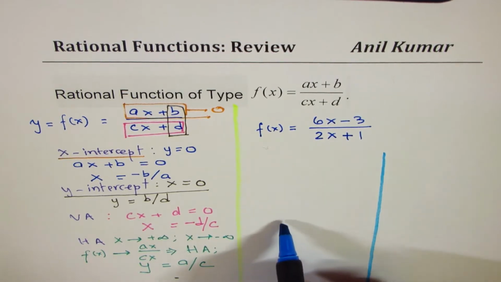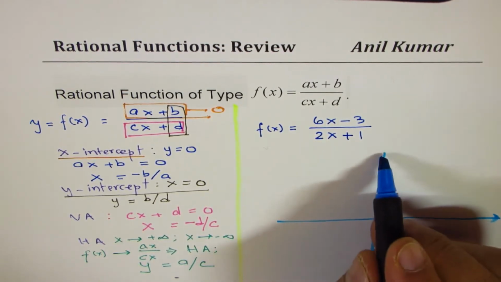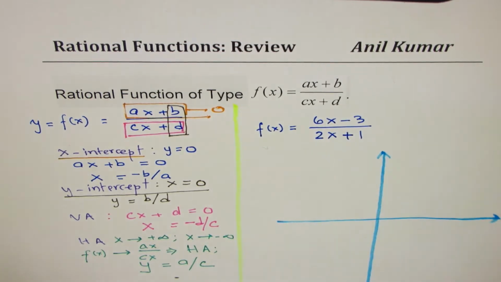In the next part of the video, we'll start with the graph and get the equation. That is how you'll actually learn all about this particular function. So we'll begin. These are our simple steps.